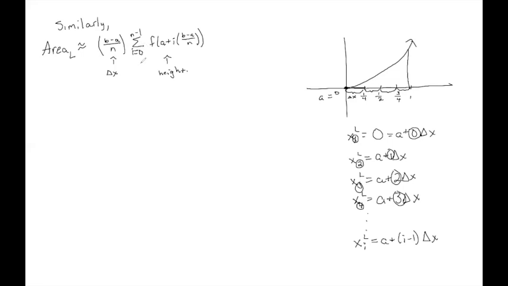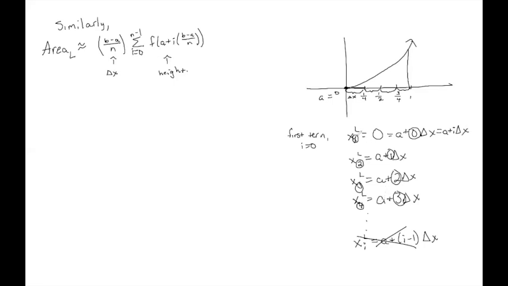So let's start it at 0. So for the first term, I equals 0. So this can be written as A plus I delta x.